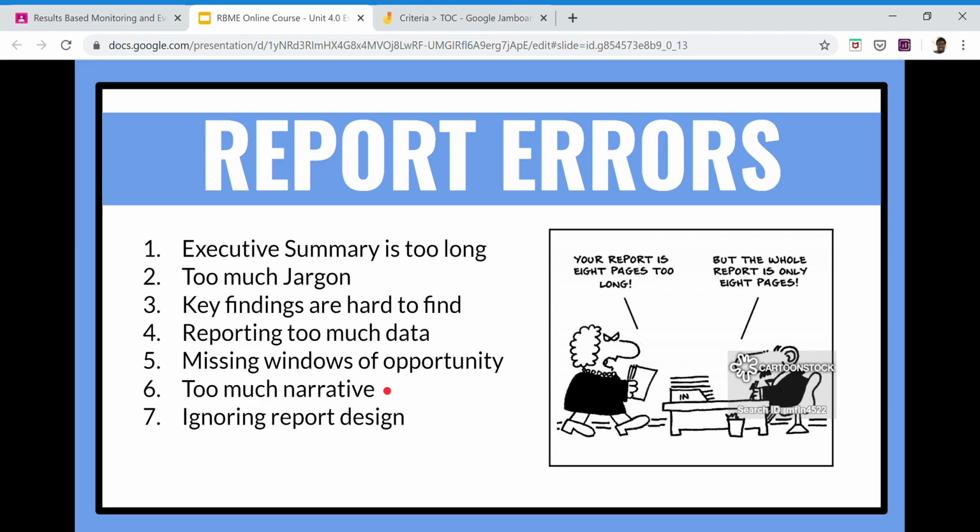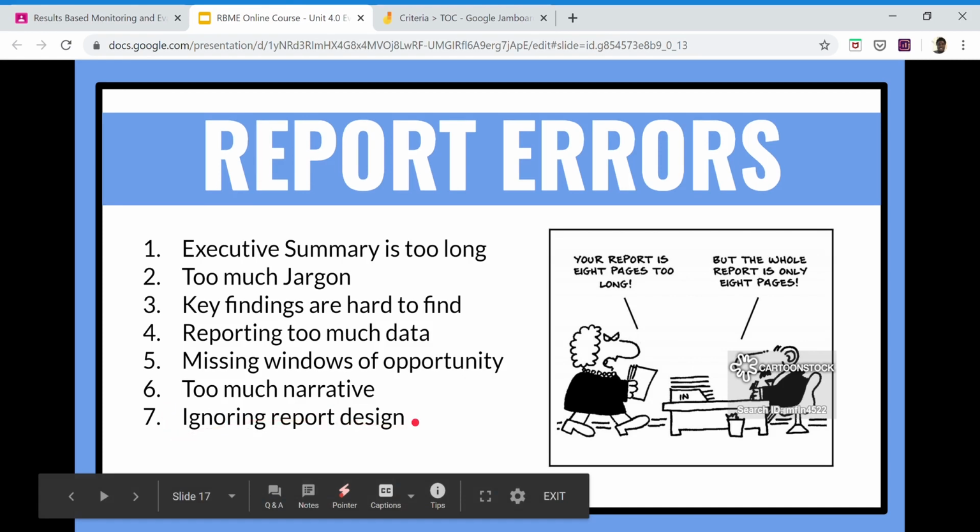which starts from your evaluation questions, to the evaluation design, from the evaluation design to the findings, from the findings to the conclusion, and from the conclusion to the recommendation, which states the report's design, right?